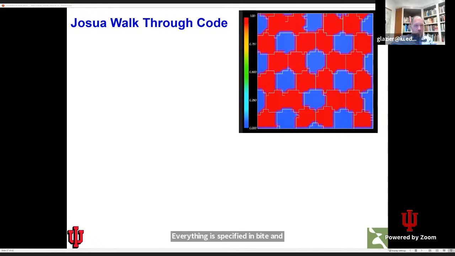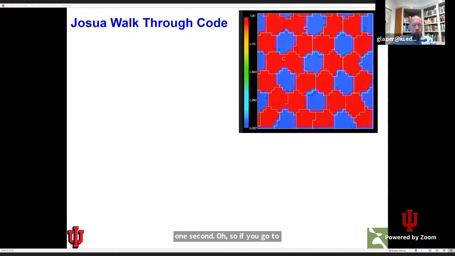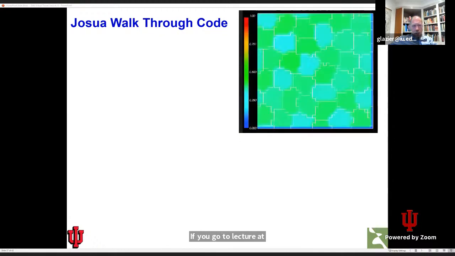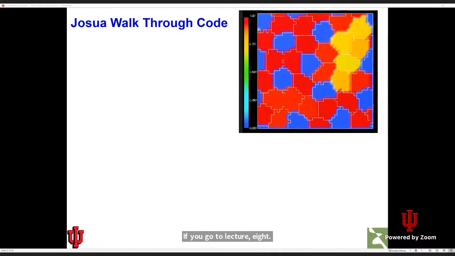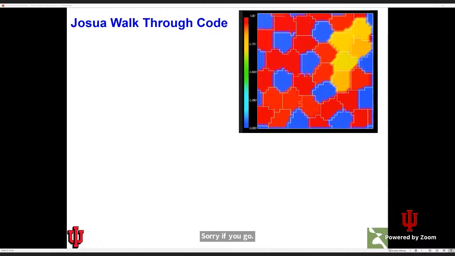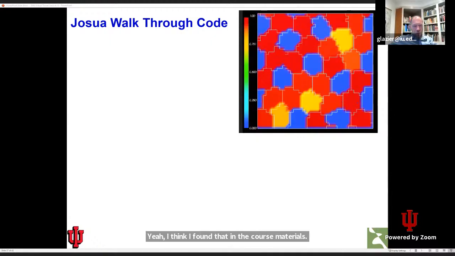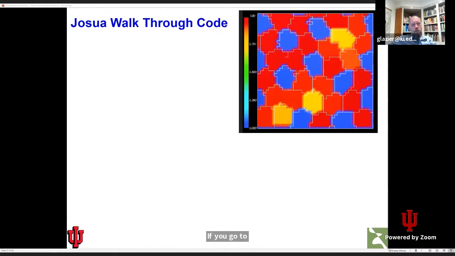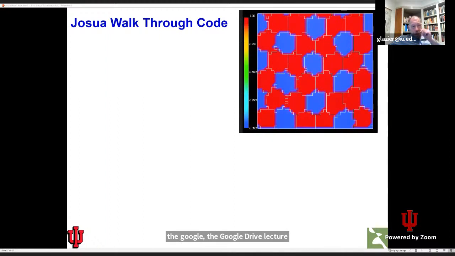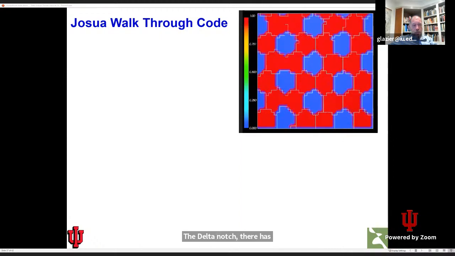So if you go to the Google Drive, lecture 9 demos, the Delta Notch there has it written out the way you need it.